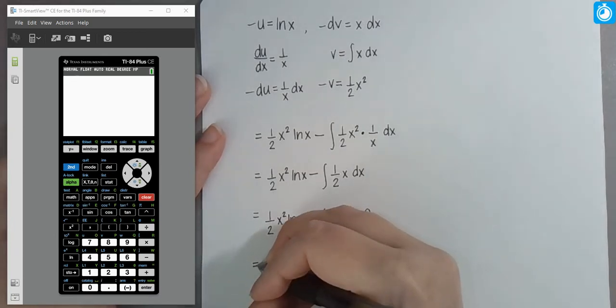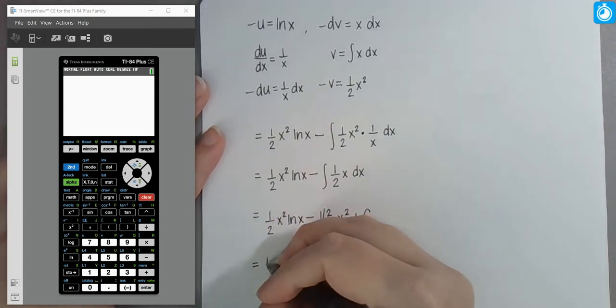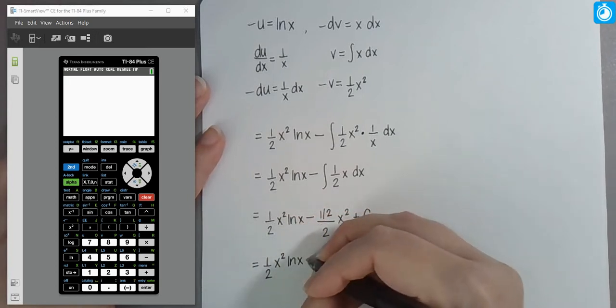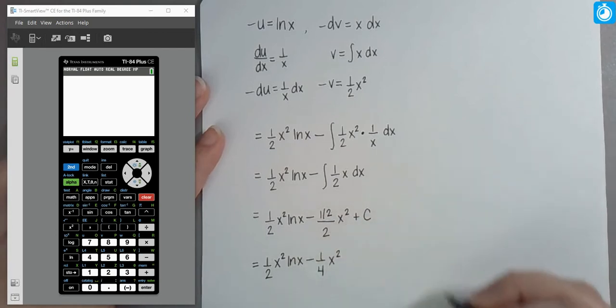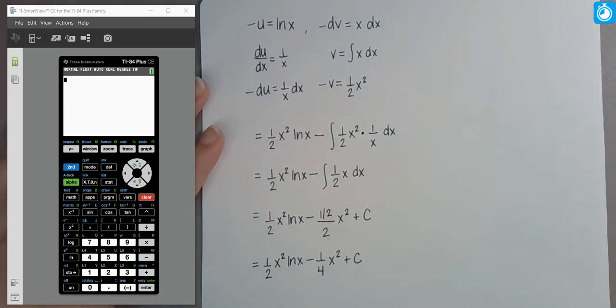And then let's just clean that up, combine those together. So division by 2 would be the same thing as multiplication by 1/2. So we have 1/2 x squared times the natural log of x minus 1/4 times x squared plus our constant of integration. So that would be our antiderivative in this case.